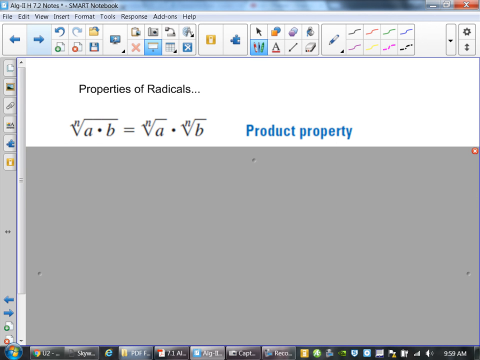You broke this down before as the square root of 4 times 2, which was the square root of 4 times the square root of 2, which gave you 2 root 2. You've done this property before, you just didn't know that's what you were doing.